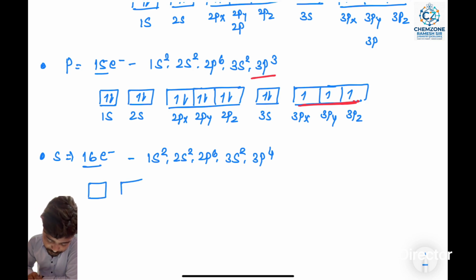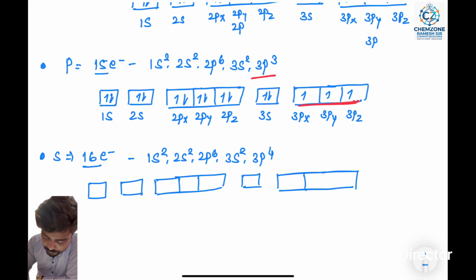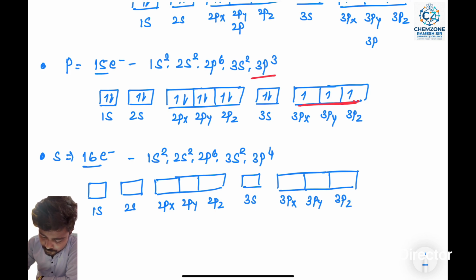Okay, 1s, 2s, and that is the p orbitals, and 3s orbitals, and next one is the p orbitals. Okay, 1s, 2s, 2px, 2py, 2pz, and 3s, 3px, 3py, and 3pz. Okay, so that is your series.